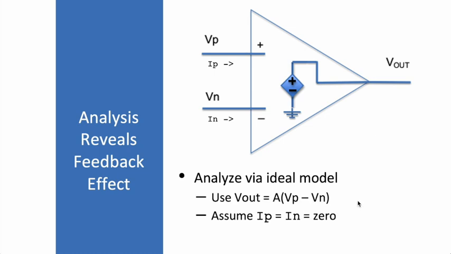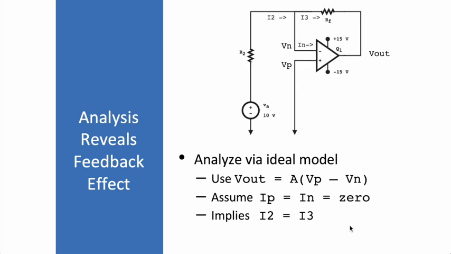Okay, so we'll begin with this relationship: Vout is equal to A times (Vp minus Vn). Because of the very high input resistance of the device, we'll assume that the currents Ip and In are simply zero. With those assumptions, we see that the current I2 is going to equal the current I3 because of our assumption that In is 0.